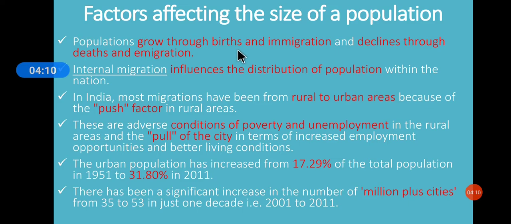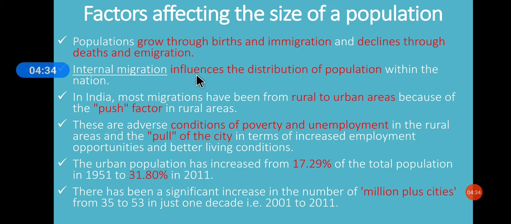By birth it increases, even by migration it increases. It also decreases by death. When more people die and fewer people are born, it decreases. And because of the movement of people from country to country, state to state, it increases or decreases in a particular region.